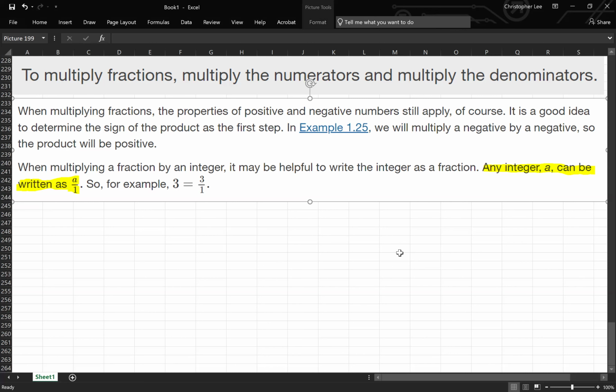So in multiplying a fraction by an integer, it may be helpful to write the integer as a fraction, right? So any integer a can be written as a over 1. So for example, 3 is the same as 3 over 1.